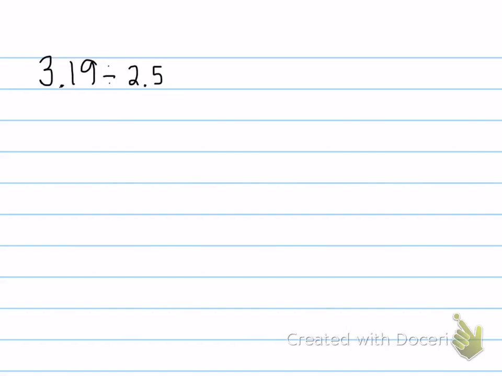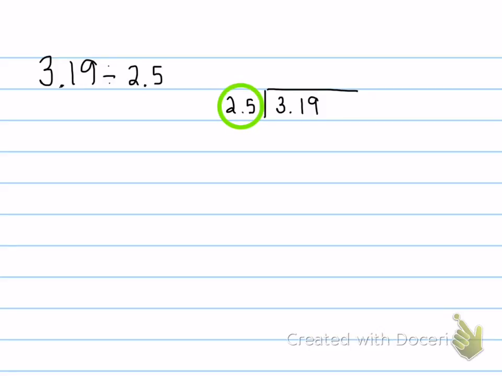So we still put the 3 and 19 hundredths inside the division symbol, and we put 2 and 5 tenths outside.